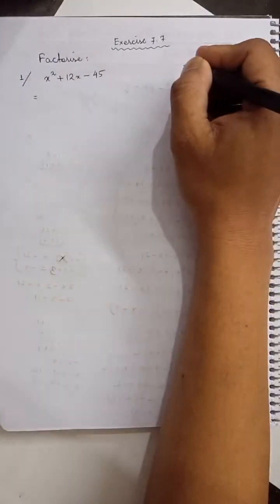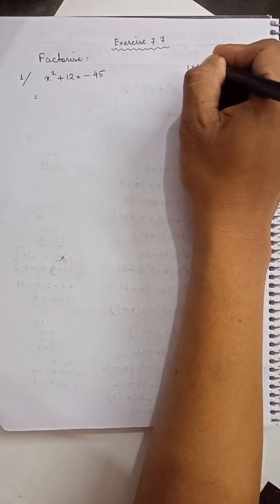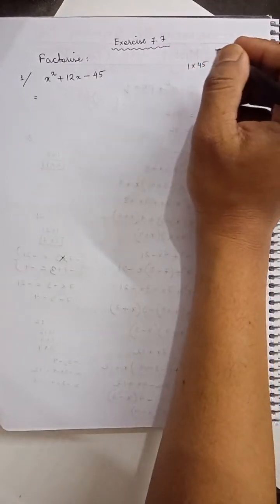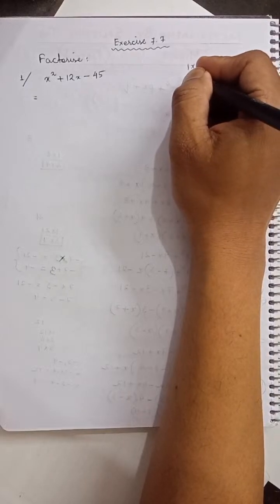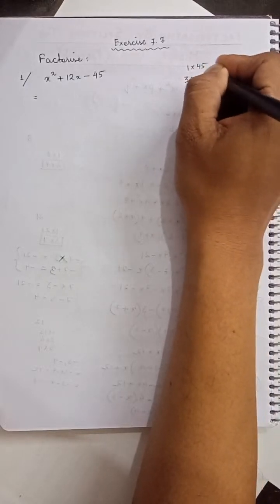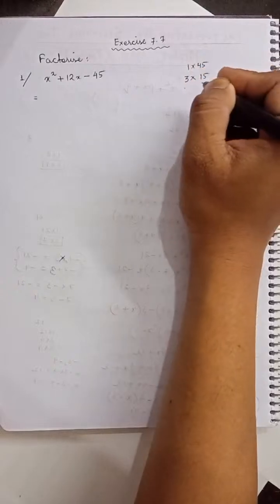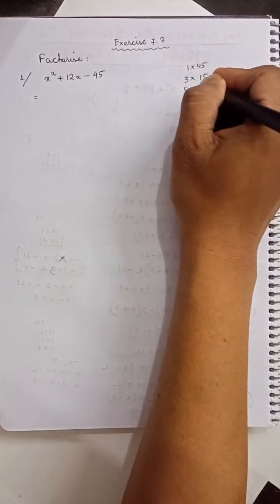Okay, so these are the combinations. 1 into 45, then we have 3 into 15, and then we have 5 into 9.